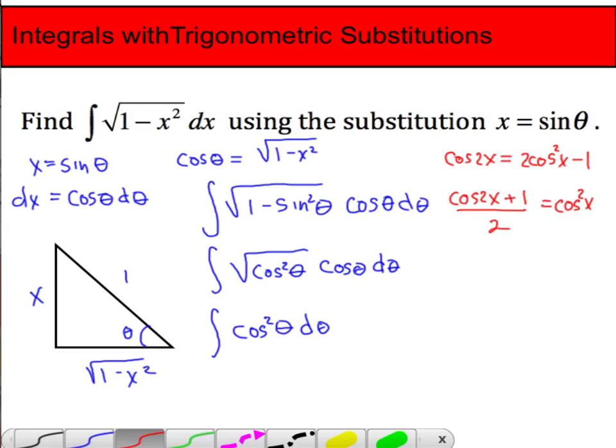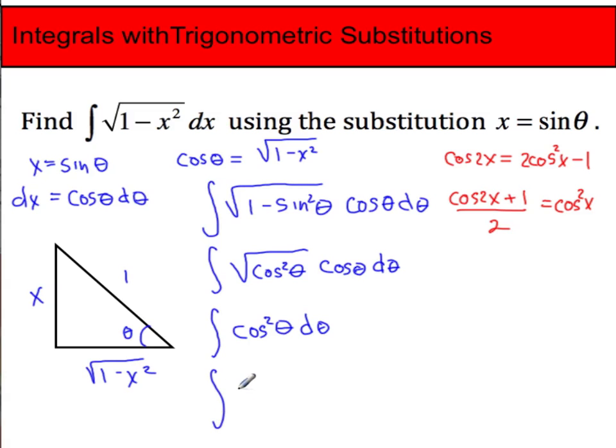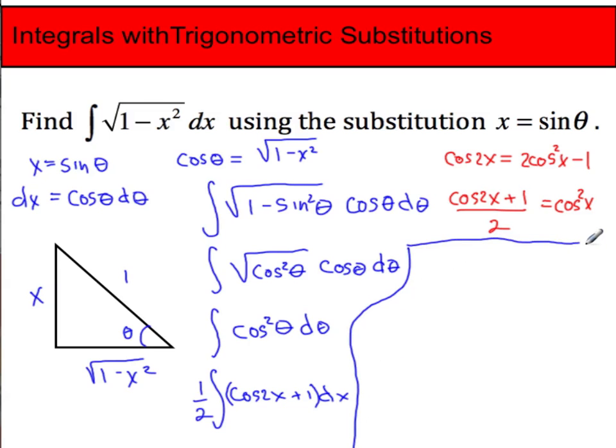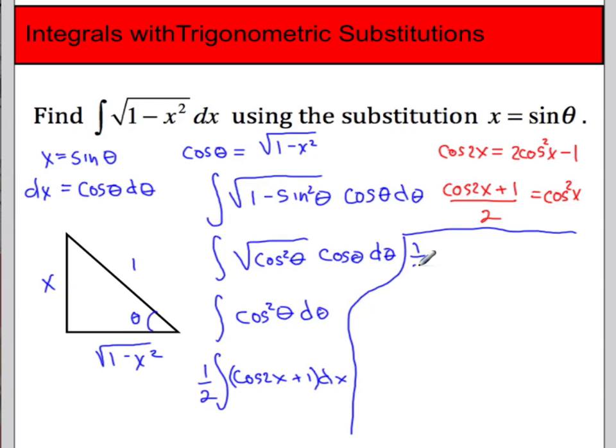Okay, so now I can take out cosine squared and I can substitute this piece in. So I have the integral, I'll pull the 1/2 out, of cosine 2x plus 1 dx. Okay, and now this should be a pretty easy integral to take. I have, make some room here, I have 1/2.